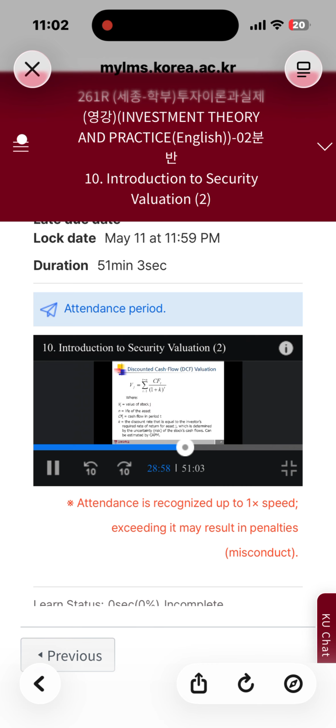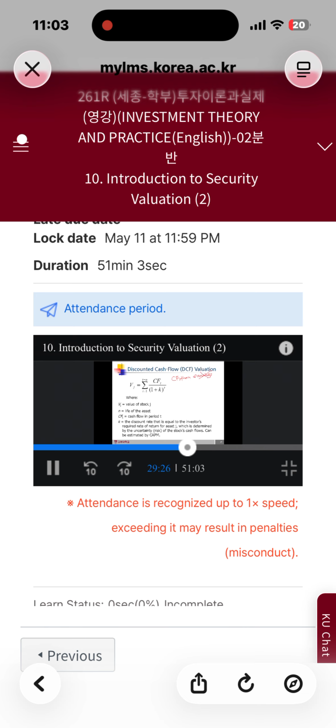Okay, so the value of the firm is the sum of all its future cash flows discounted by its required rate of return. Okay, we use cash flow rather than earnings.